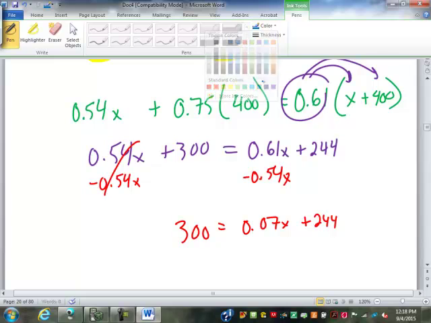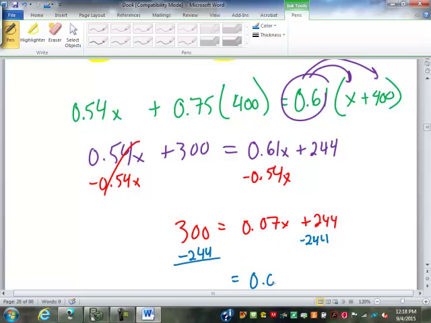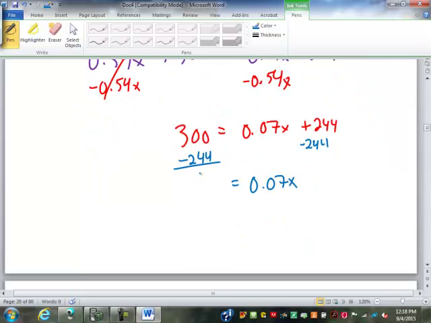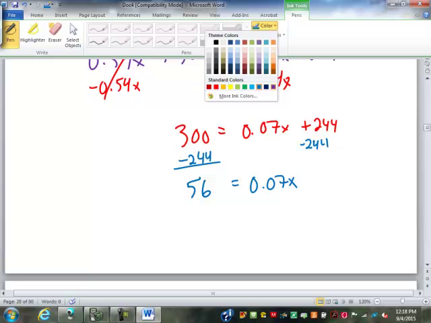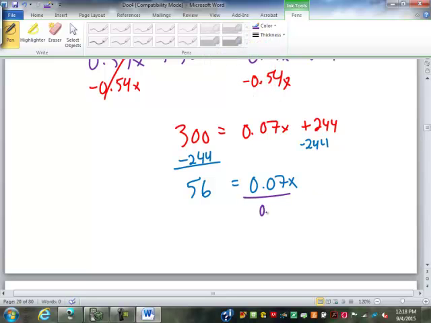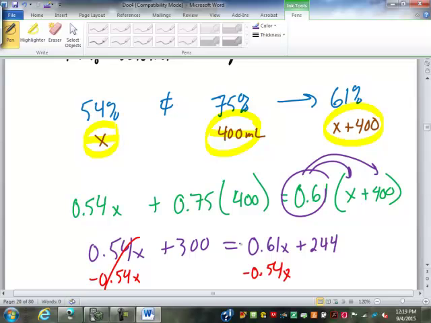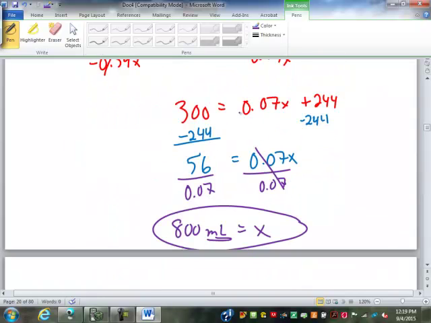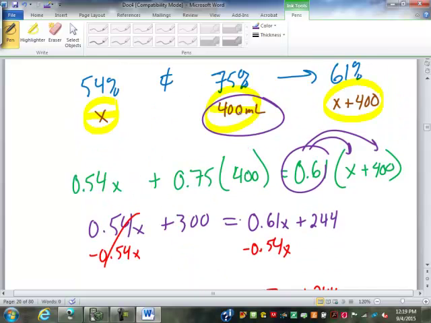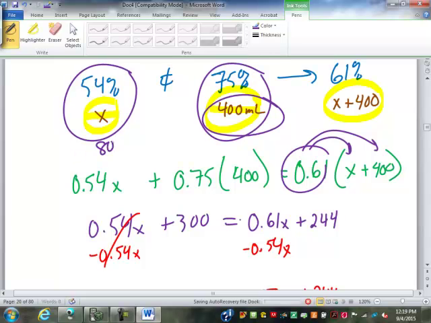And then subtract 244. 0.07x equals 56. And then divide by 0.07 to get x by itself. x is 800. I know it's milliliters because up here it was milliliters. So that means we have 800 milliliters of the 54% solution mixed with the 400 milliliters of the 75% solution.